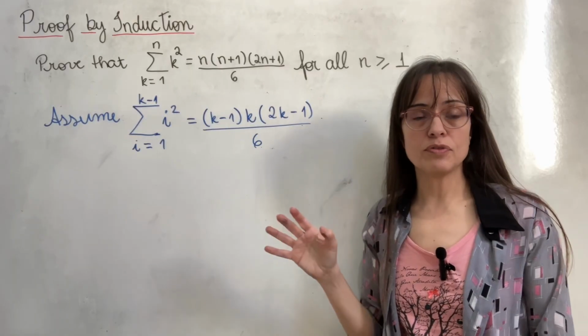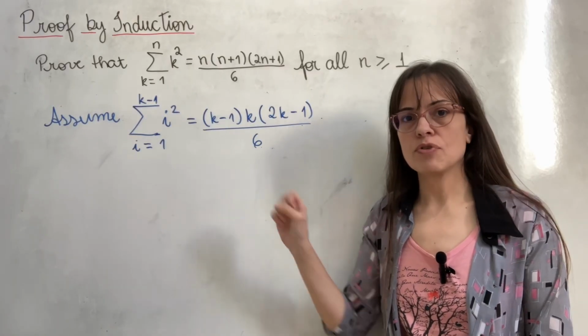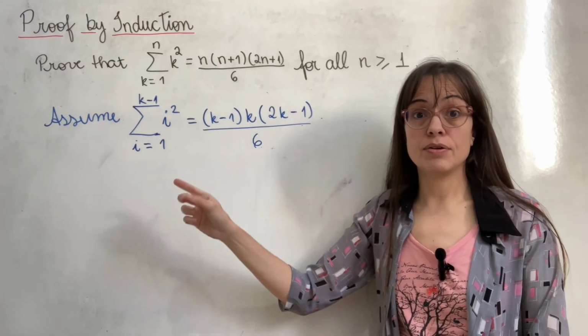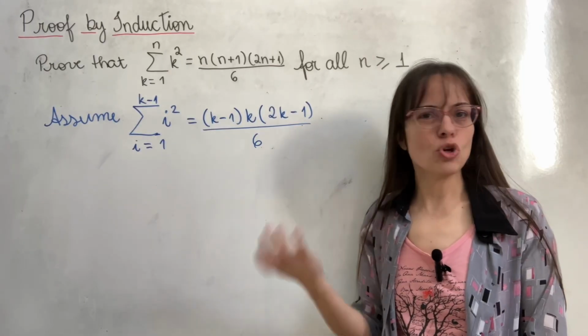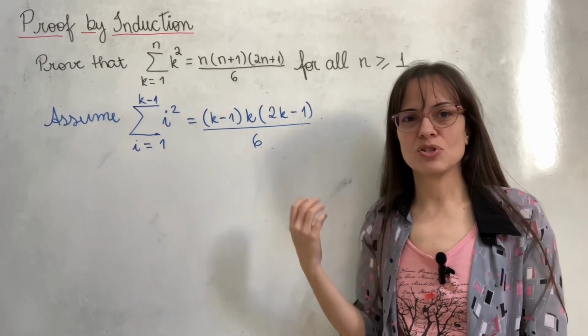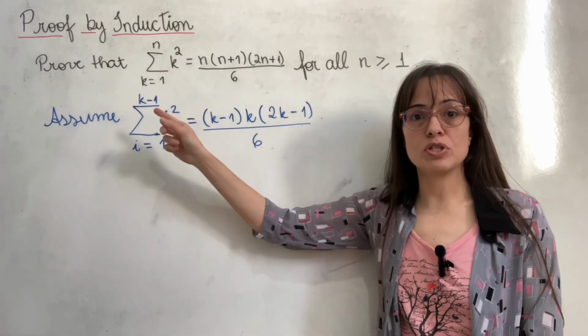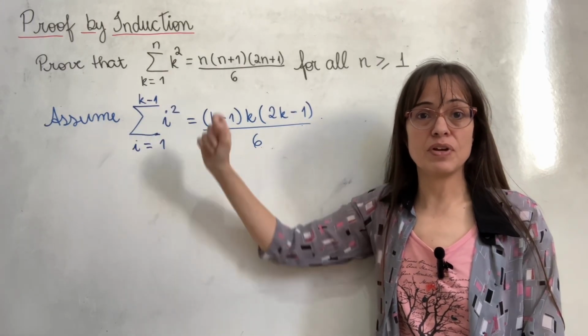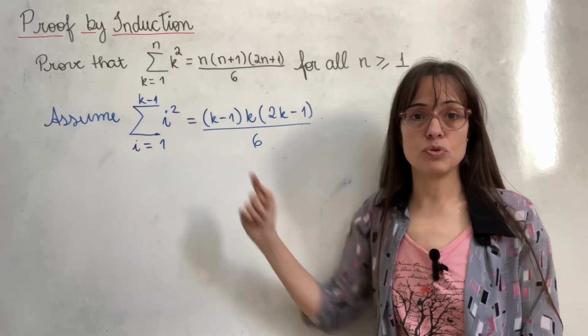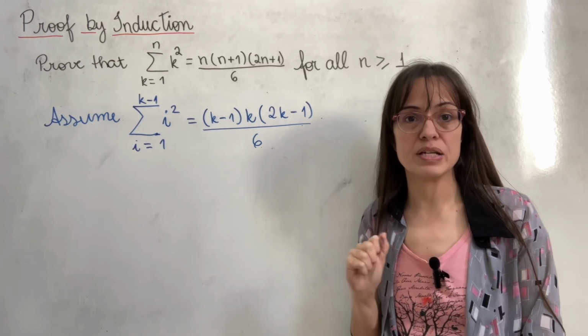So out of all of the choices that I was just saying that you have, what choices did I take here for my assumption? I chose not to give a name to the statement. This is not something that I often do. I chose to use the letter k in place of n, even though it means that I have to change the index of my sum.